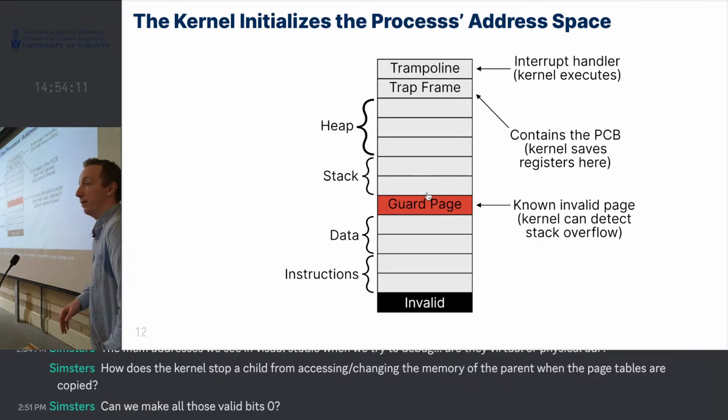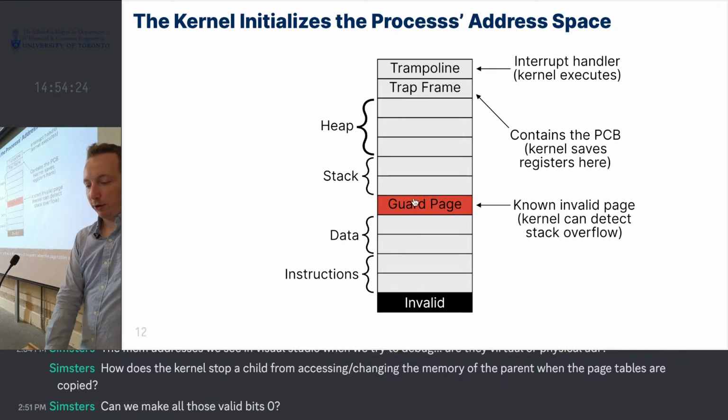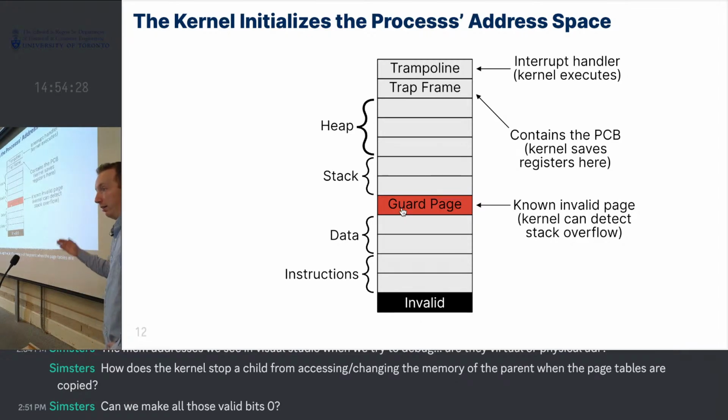The reason for this is that we've all seen a Stack Overflow message, I assume. How you get one is that you're really just accessing invalid memory. The kernel will put a guard page there, a known invalid page below your stack.